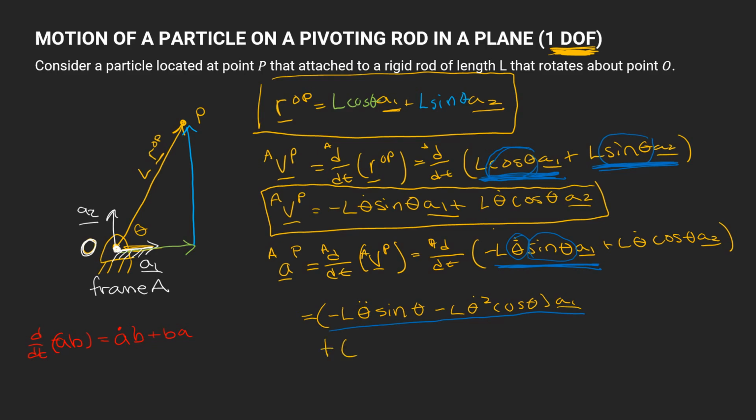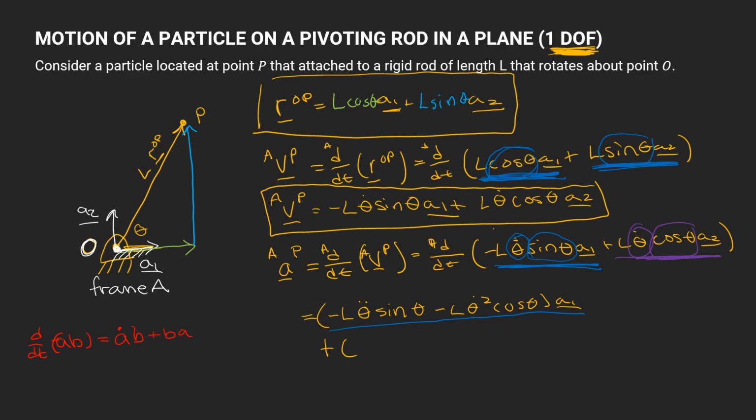And now we'll move over to the A2 term here. So again, pretty much the exact same thing. We have two components here that depend on time. So we'll use our product rule.